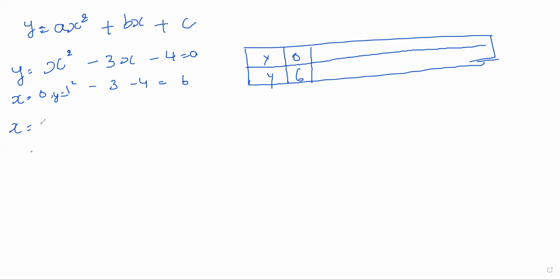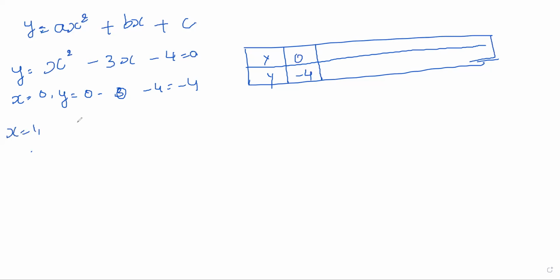Sorry, we are substituting 0, right? y is equal to 0 square minus 3 into 0 is 0, minus 4. So the answer is -4. I'll write the values here. When x is 0, y is -4.